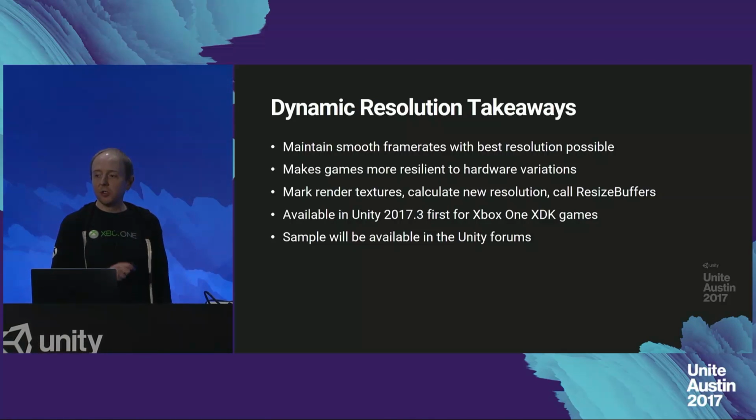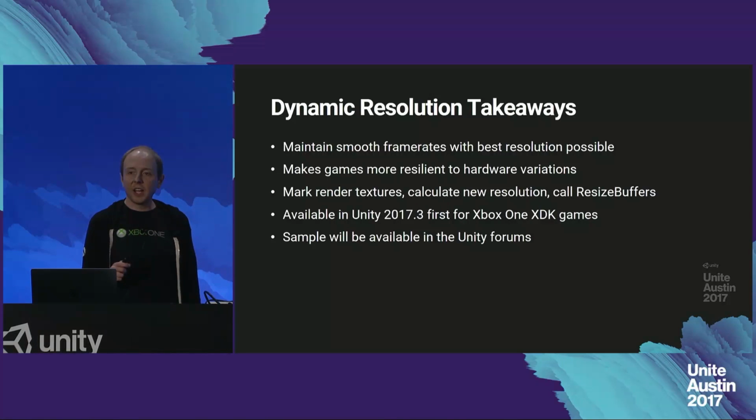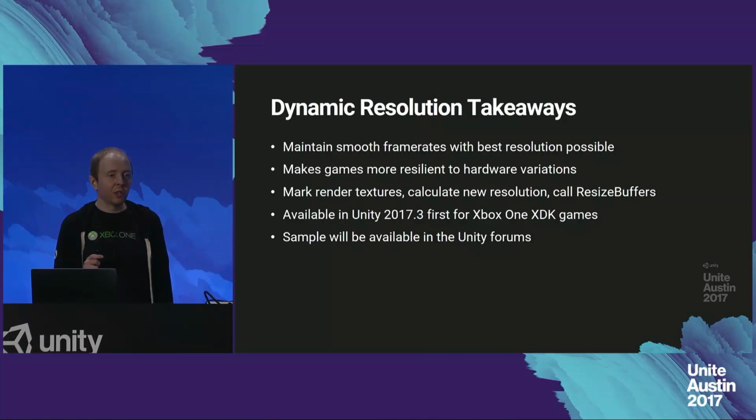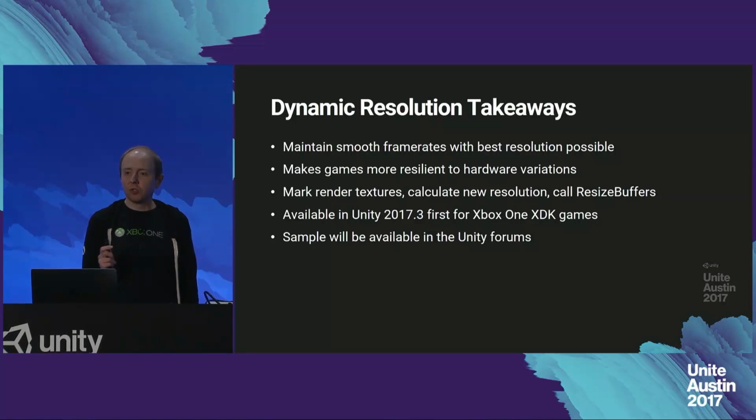This will be available in Unity 2017.3, first for Xbox One XDK games, and there will be a sample on the Unity forums around the time this ships, and I would definitely recommend taking a look at that. It should show how to call these APIs in a lot more detail, as well as have an example dynamic resolution algorithm that you can use to get started.